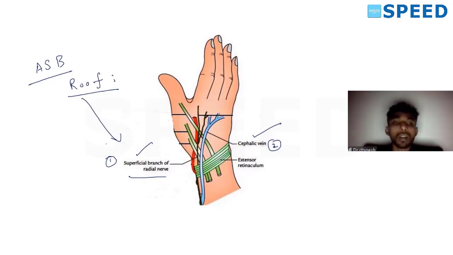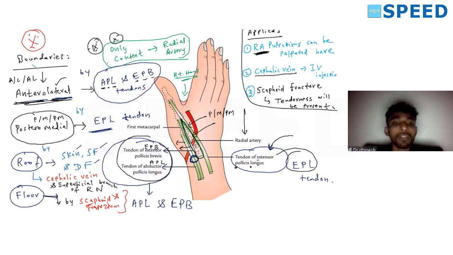What about the floor of the anatomical snuff box? The anatomical snuff box is located on the lateral side of the wrist, isn't it? So the lateral-most carpal bones of the proximal row and the distal row, namely the scaphoid and the trapezium, both form the floor of the anatomical snuff box.